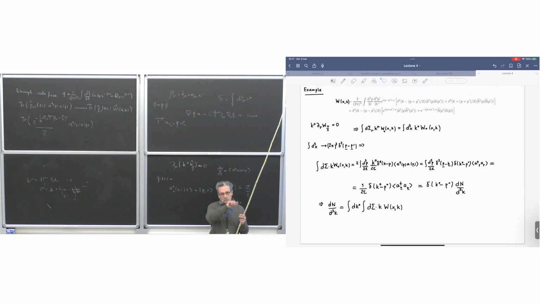And then we have the integral of d sigma_mu k^mu W plus equal to, we can choose any hypersurface, and for instance, I can choose, for my convenience, a flat hypersurface or hyperplane, and so I have the integral d3x k^0 W plus (x,k).